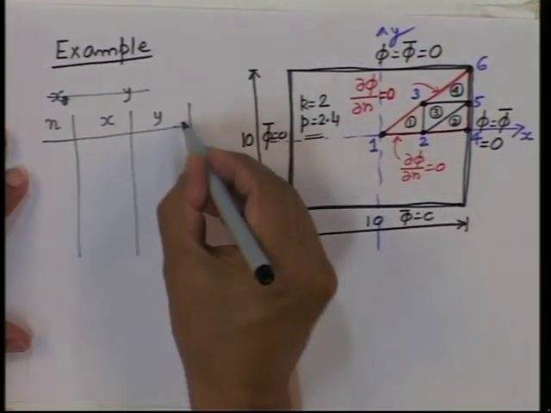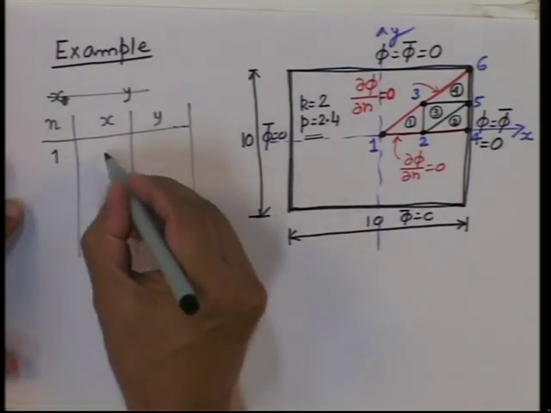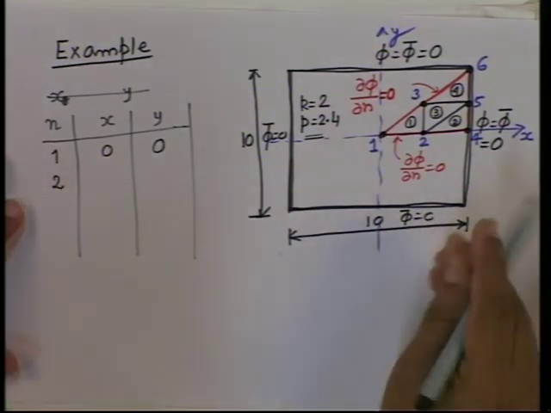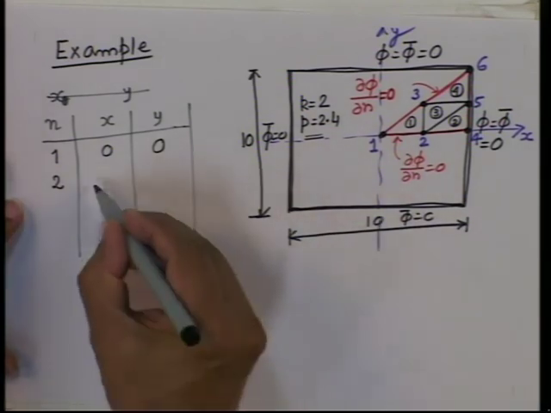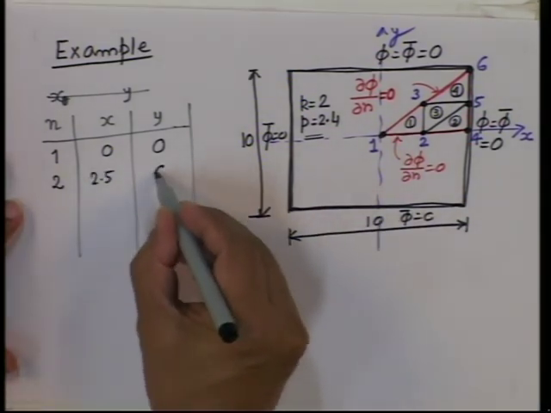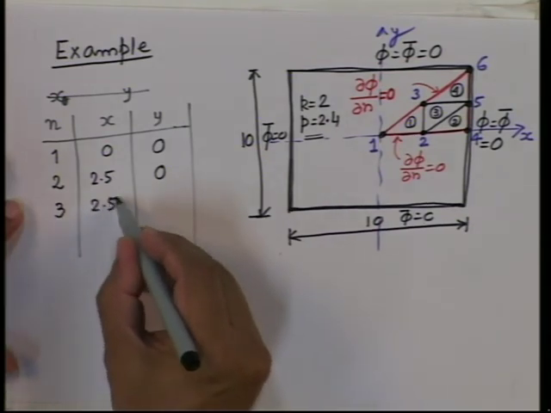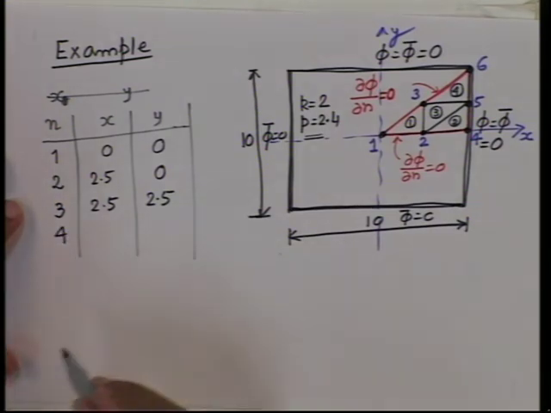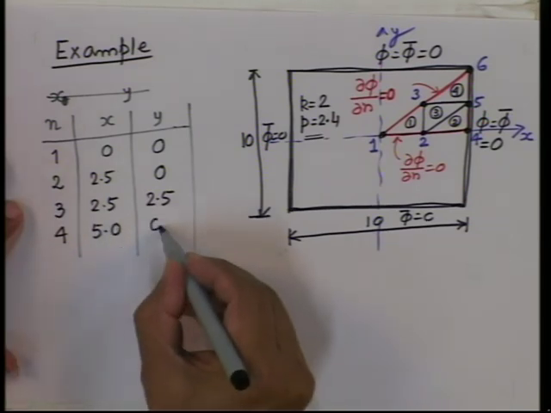First, you have to define your geometry. For example, node number 1, the coordinate is 0 0. Node number 2, the coordinate is 2.5, 0. Node number 3, 2.5 again 2.5. Node number 4, 5 0.